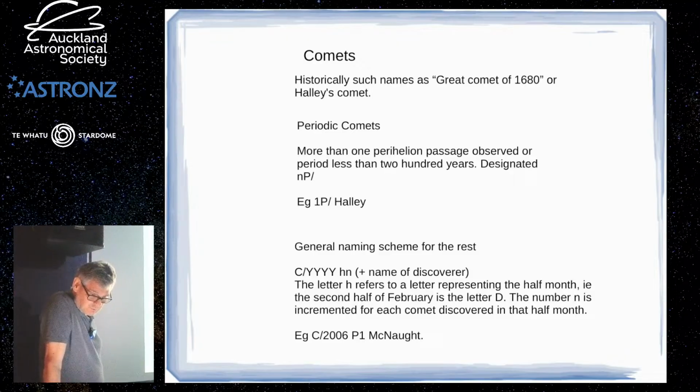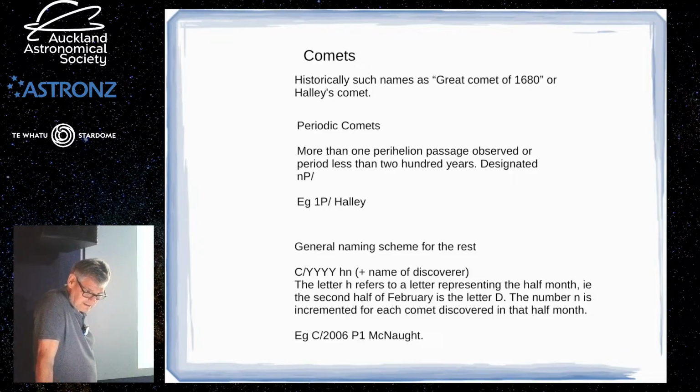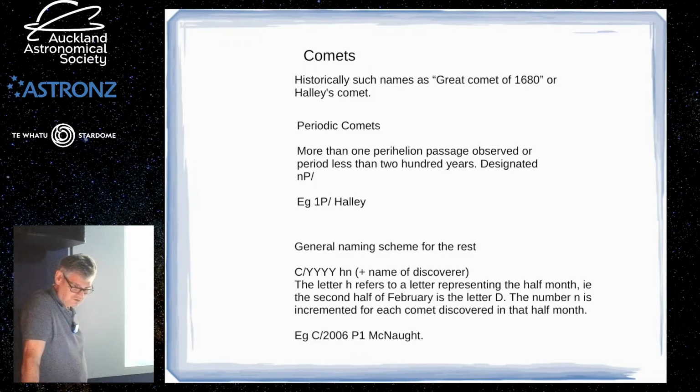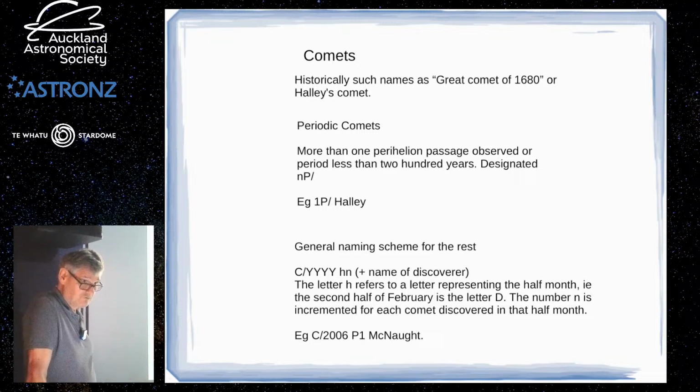And the first one of these was Edmund Halley, who used Newton's laws to figure out when a particular comet was going to return. He died before it actually did return, and promptly had his name ascribed to the comet, so it's called 1P Halley, meaning the first periodic comet. And of course there are quite a number of them now.